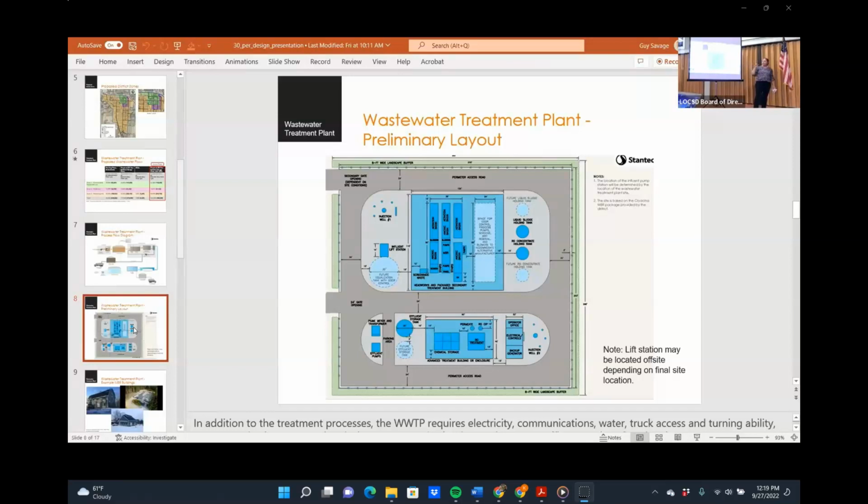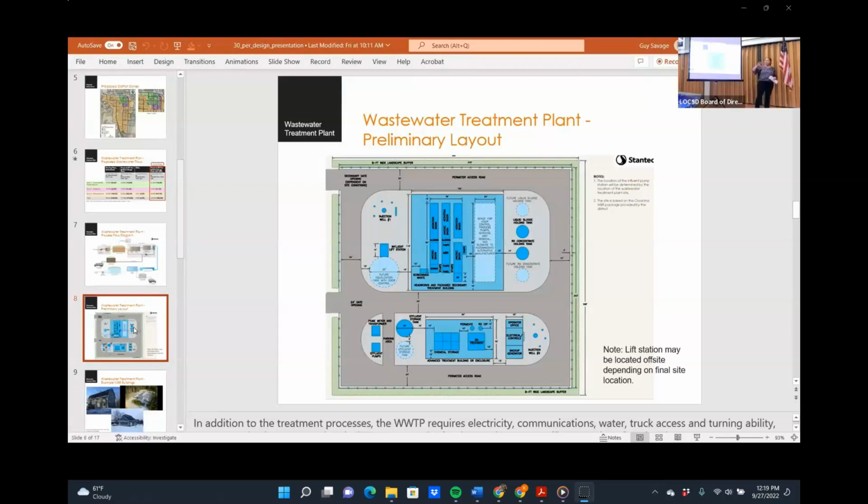The layout here does show 2 access points. There isn't a site that we're designing to. We do not have a final site. So if we were the operators, ideally we would want a way to get trucks in and a way to get trucks out, versus having a turnaround spot for a vehicle.